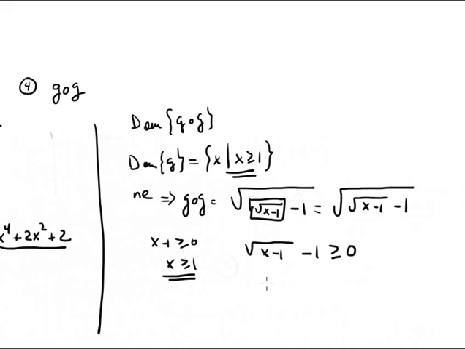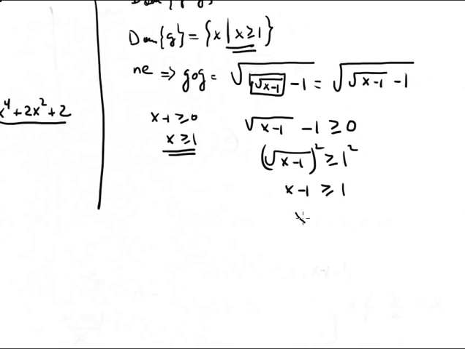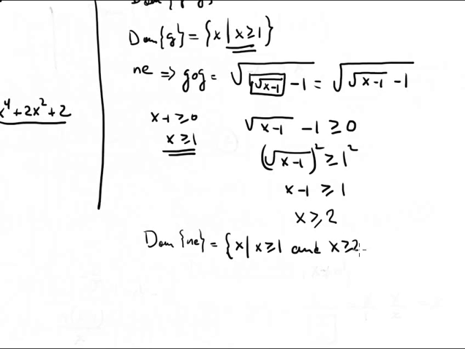Okay, let me try to manipulate this inequality. This is radical x minus 1 greater than or equal to 1. You square both sides. It's x minus 1 greater than or equal to 1. Then x is greater than or equal to 1 plus 1, which is 2. Okay, now the domain of the new expression is equal to x such that x greater than or equal to 1 and x greater than or equal to 2.